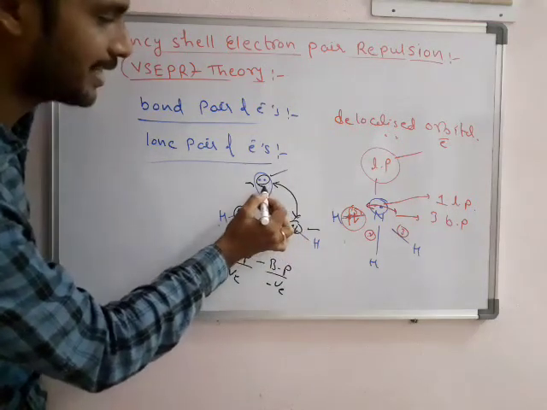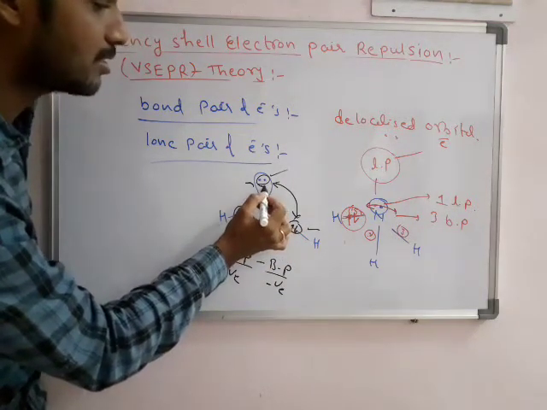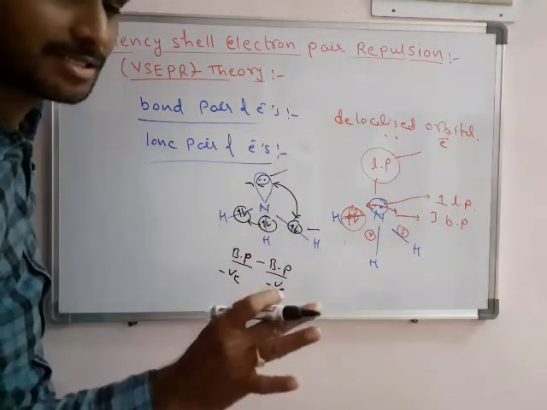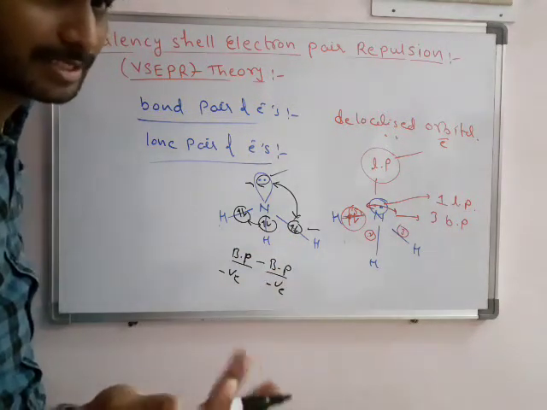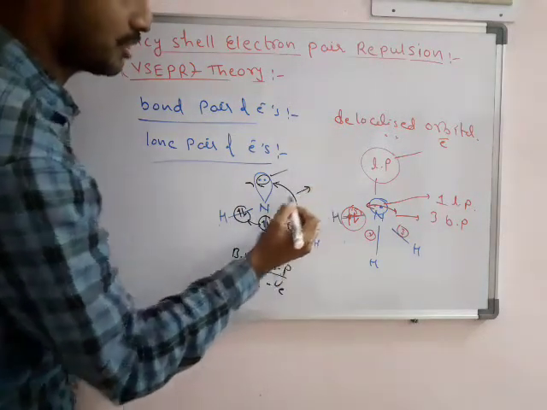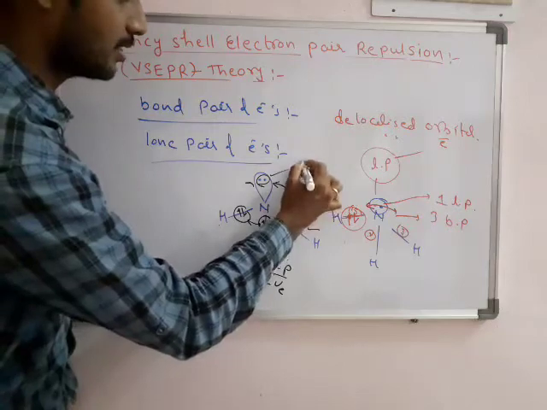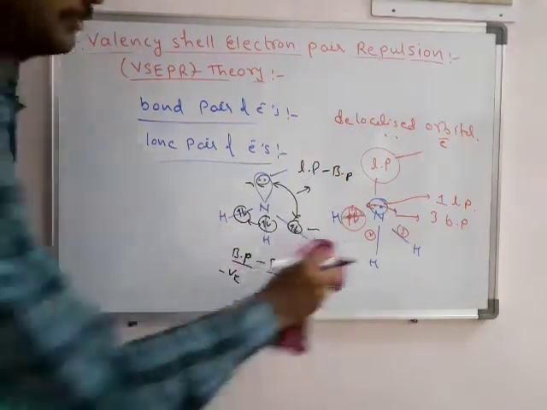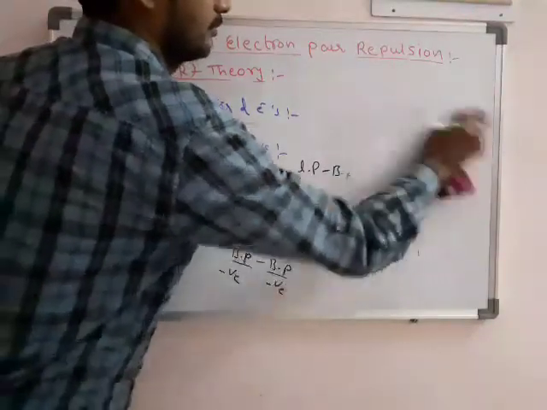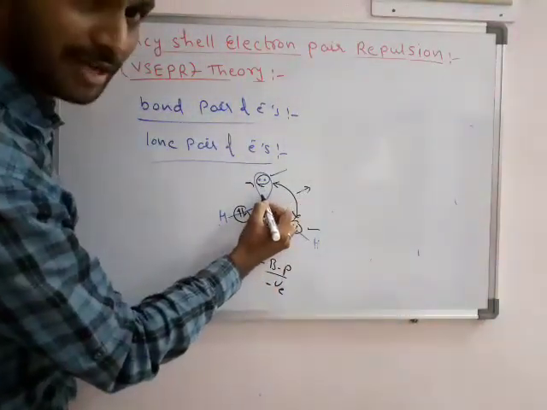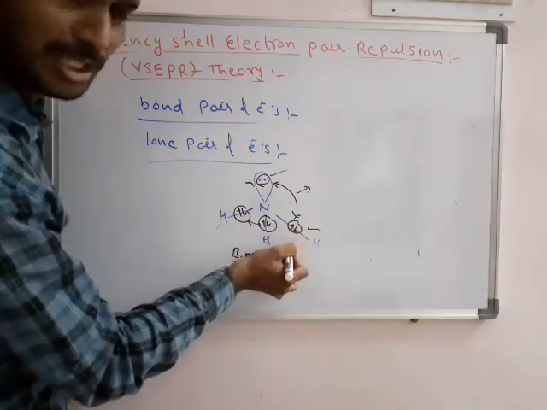Due to the highest movement of the lone pair, there is somewhat high repulsion with the adjacent bond pair.